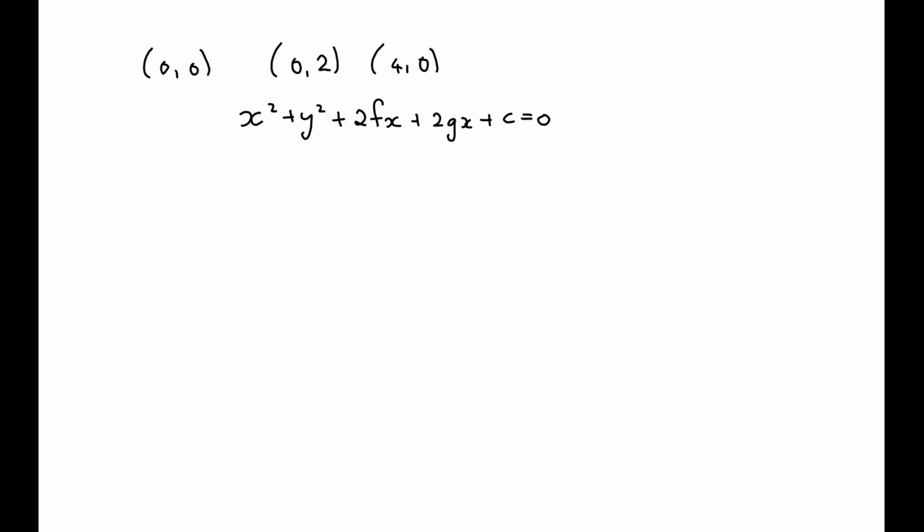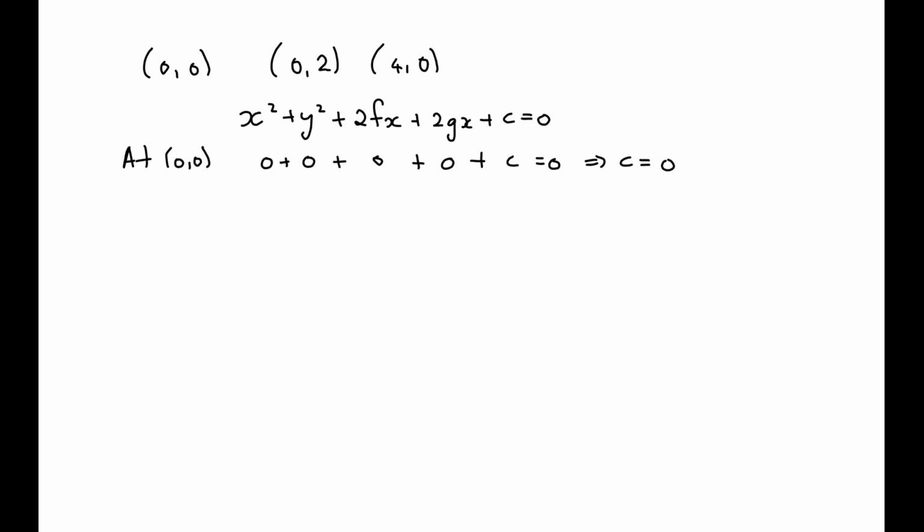So it's (0, 0): 0 plus 0 plus 0 plus 0 plus c is equal to 0. So that tells us that c is equal to 0.